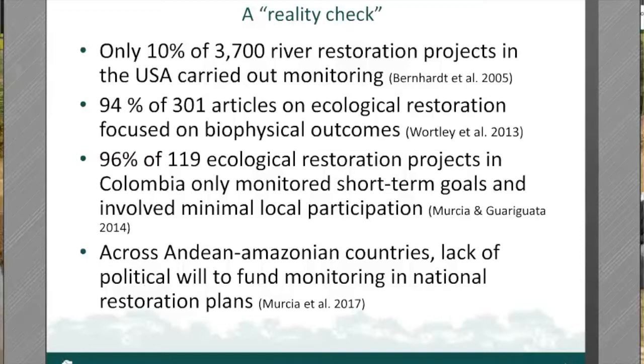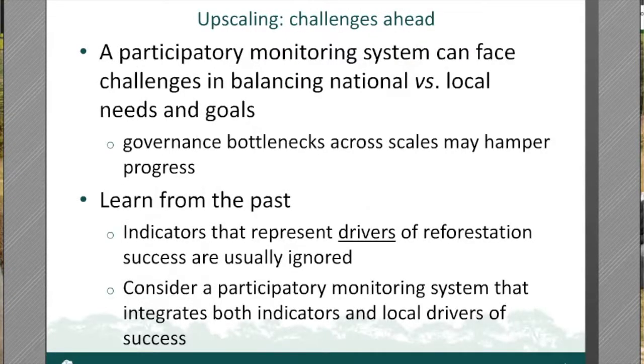And national restoration plans are becoming very abundant worldwide, most of the time as a response to Bonn Challenge and NDC target commitments. If these national plans keep coming out, it's important to insert at least some elements of how exactly the monitoring will be carried out. And we found that most of the time that does not happen, at least in the sample that we analyzed.